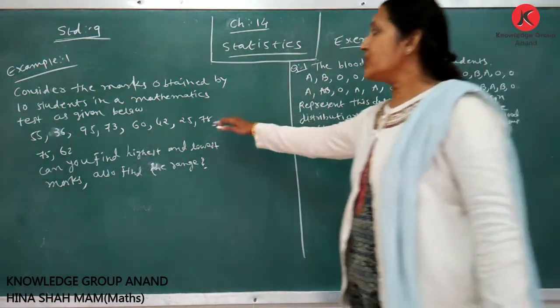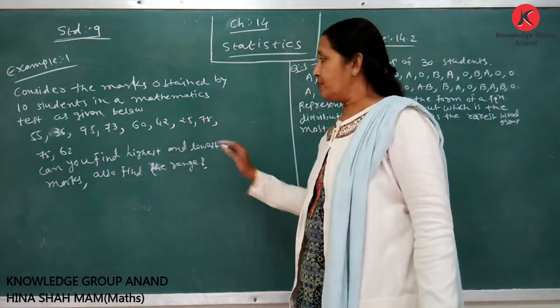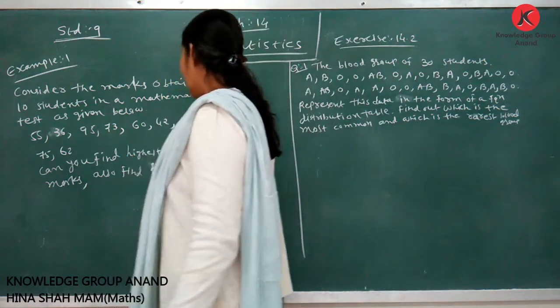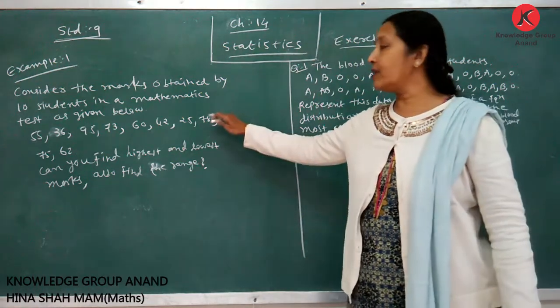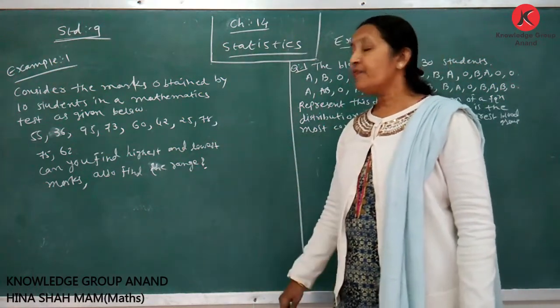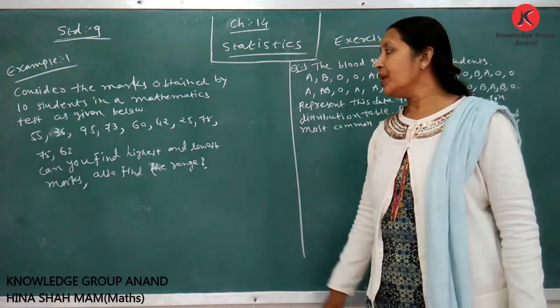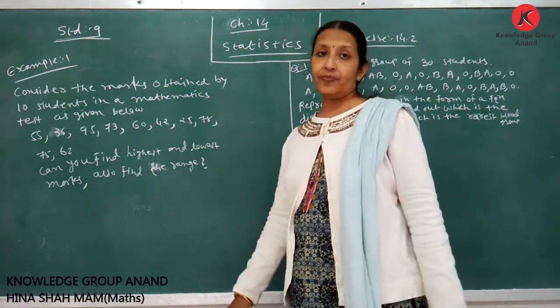Here the marks of 10 students are given in raw data. Can you find the highest and lowest marks of this data? Which is highest and which is lowest? Also find the range.